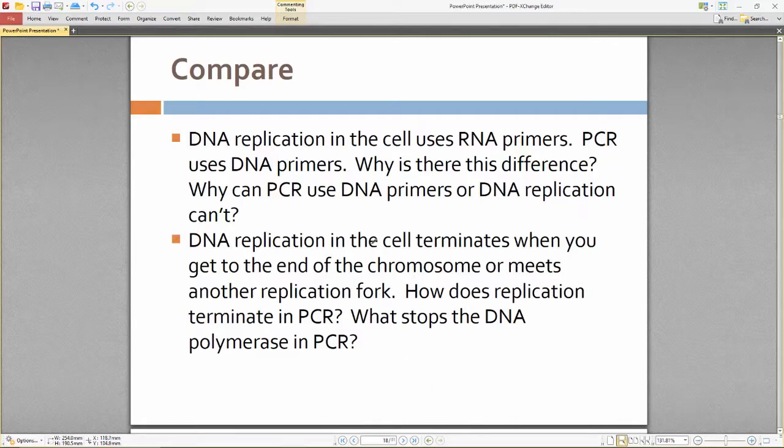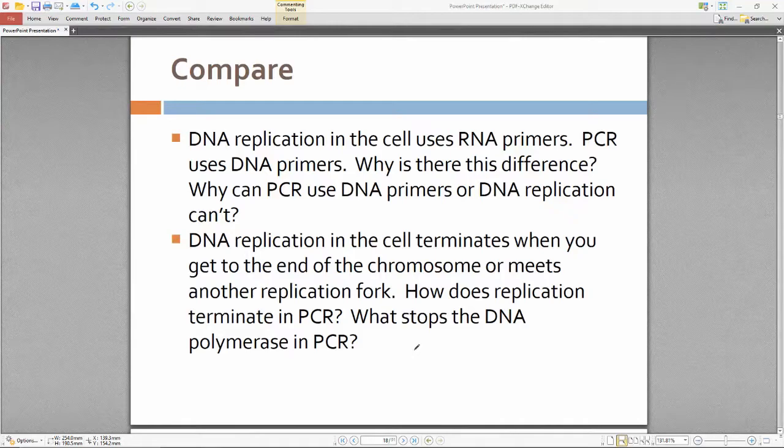RNAP can just put down a nucleotide wherever it wants, but DNA nucleotides can't be put down just anywhere. They need an existing 3' end that isn't there. Does that make sense? This is a little bit confusing, but the more you look over it, the more sense it should make.